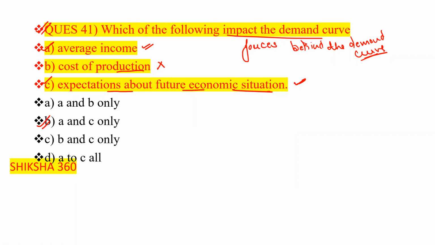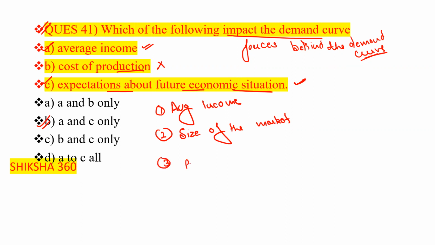I will tell you once again what the forces are that impact the demand curve, which we have already discussed at least 2 to 3 times. First one is the average income. Second one is the size of the market, so that you are able to remember all this side by side. Third one is the price and availability of related goods.